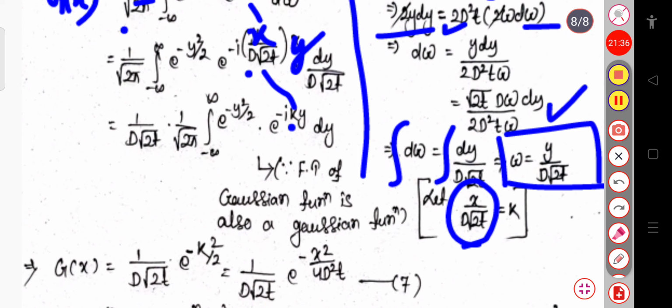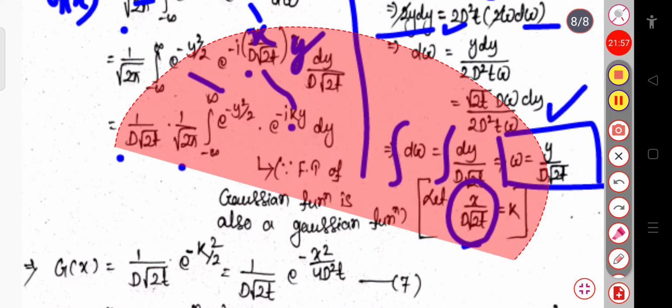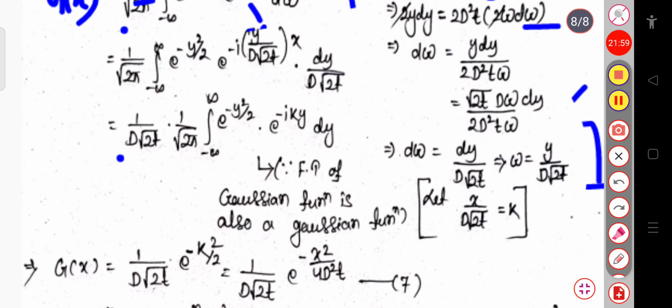If I take this 1 by d root over 2t term outside the integration, this will be 1 by d root over 2t into 1 by root over 2 pi, integration over minus infinity to plus infinity exponential minus y square by 2 into exponential minus i k y into dy. I think up to this much it is clear to you. This is the value of g of x.